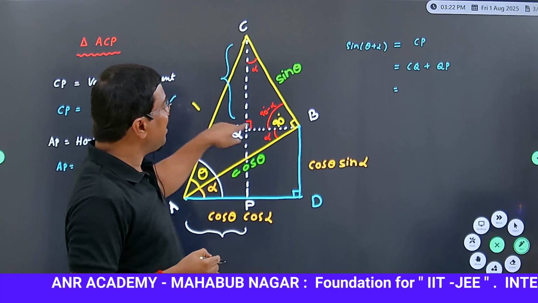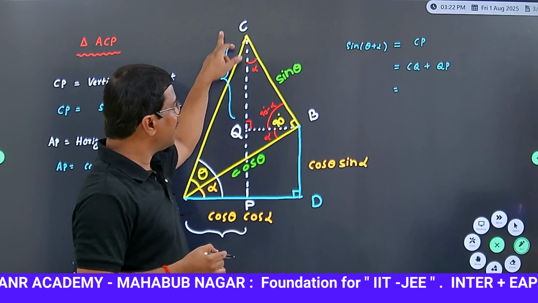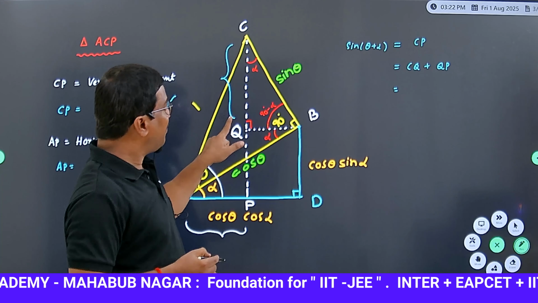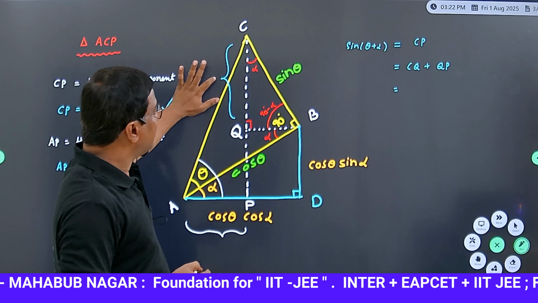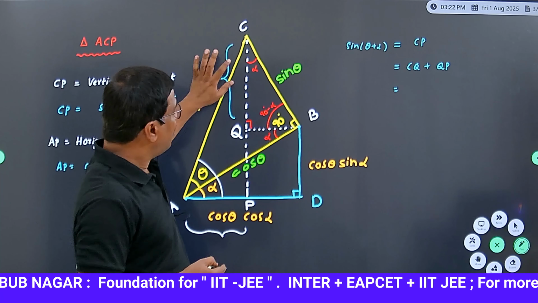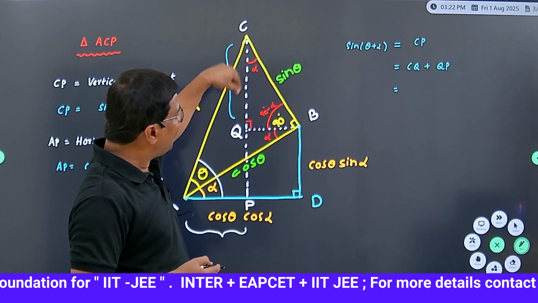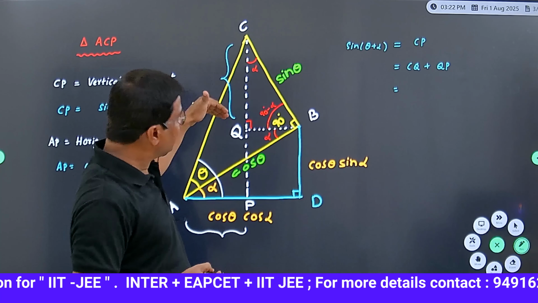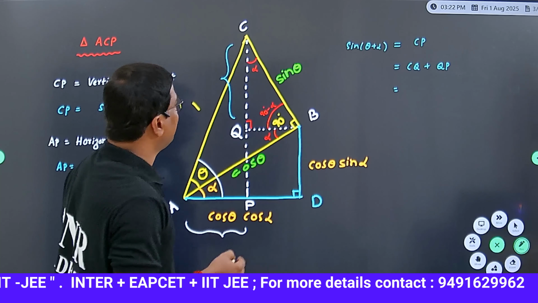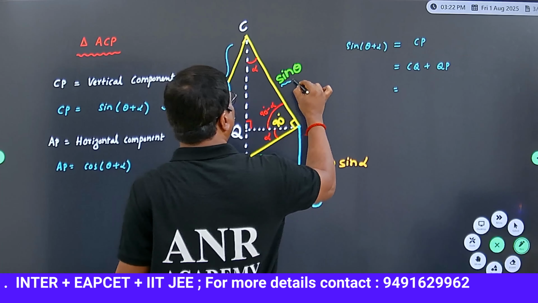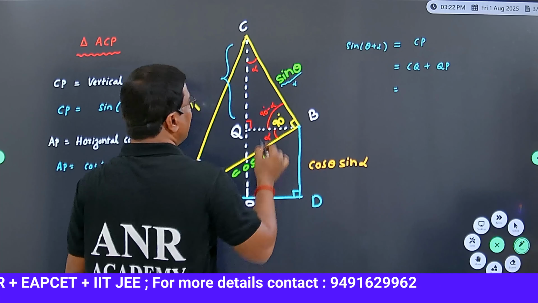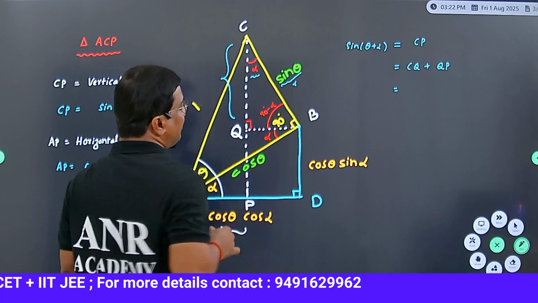See the triangle BQC. For this, opposite to alpha you have QB, and this is adjacent, and this is the hypotenuse. So the hypotenuse is clearly the radius, and here is the angle.